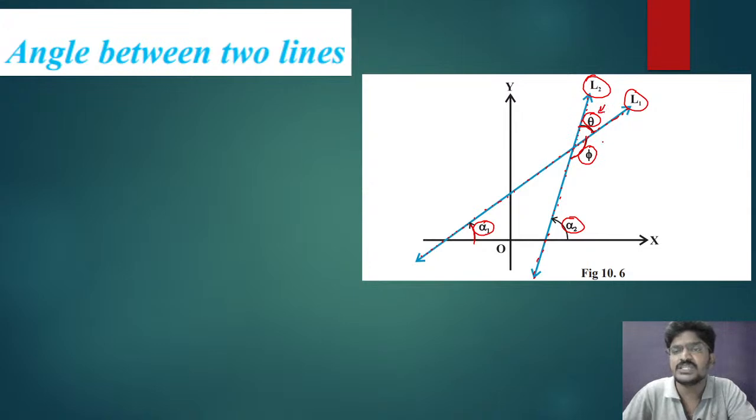Now we have to find this theta and phi, which are the angles between two lines.